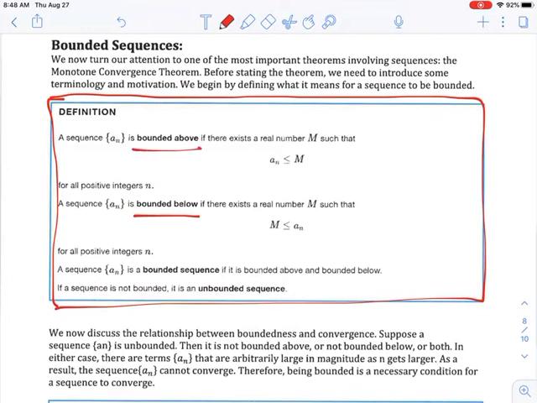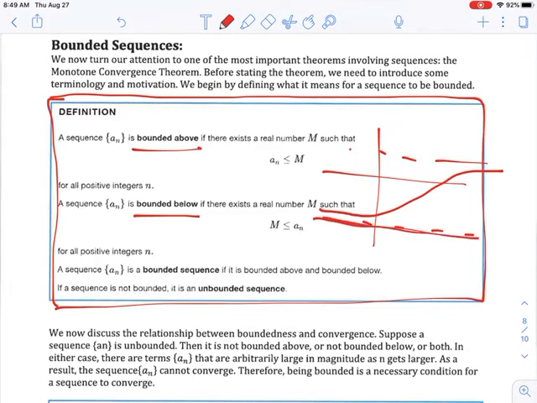All right? So let's say you had a sequence that went between these two numbers. They're like horizontal asymptotes. This would be bounded below by this, whatever this is, bounded above by this. So it's bounded. You could have something with a lower bound like an exponential function, but an exponential function doesn't have an upper bound. It goes up infinitely far. That is not bounded above.